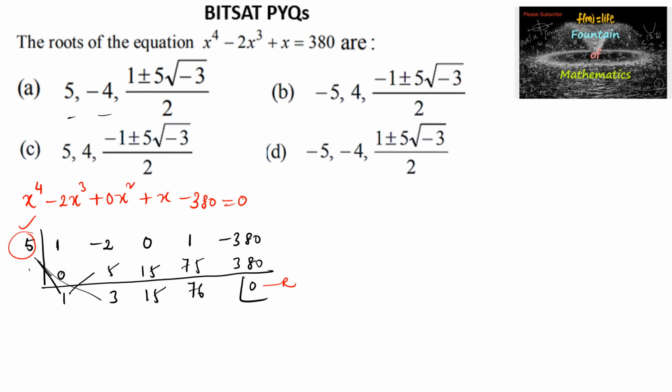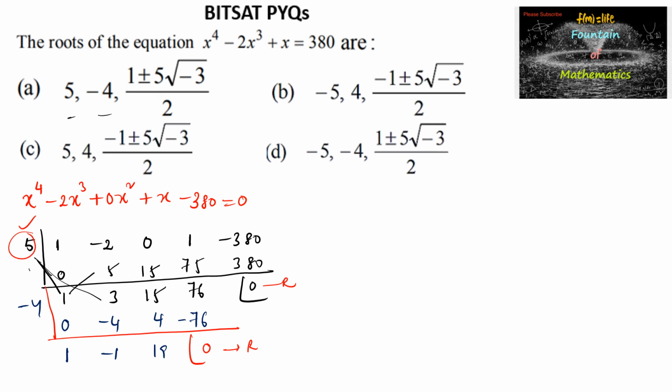And coming to the next one, since we also have x is equal to negative 4, let's consider negative 4. Start with 0, 1 plus 0 is 1, minus 4 into 1 is negative 4, 3 minus 4 is negative 1, so minus 4 into minus 1 is 4, and 15 plus 4 is 19, so minus 4 times 19 is minus 76, so we'll get 76 minus 76 is 0, so the remainder is 0.